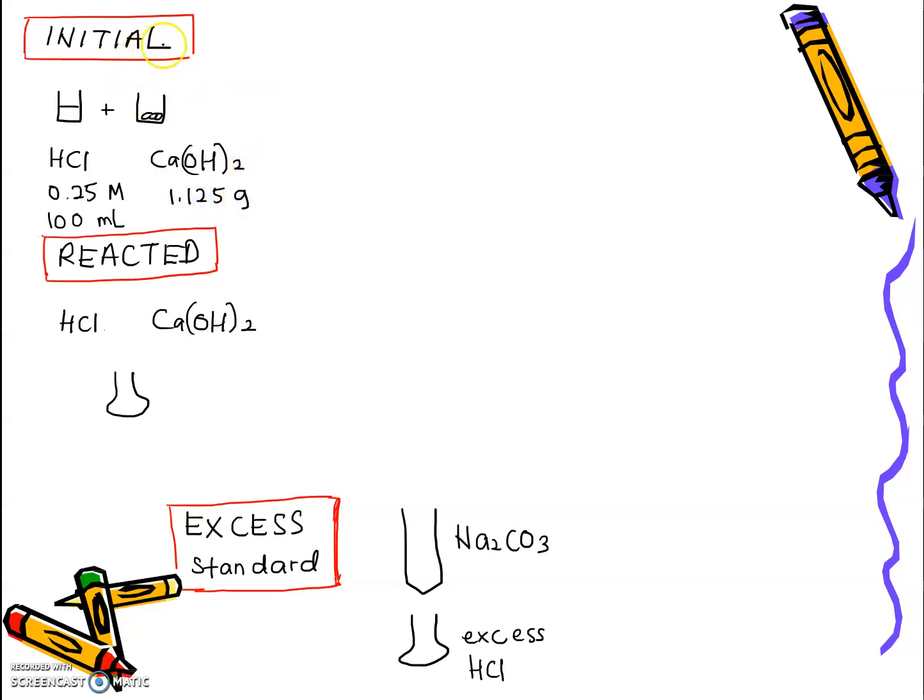Okay. So initial means when you prepare HCl and calcium hydroxide sample. Okay, but these two substances are not mixed yet. Okay, next step. Calcium hydroxide dissolves in excess HCl, put together into the conical flask, and undergoes reaction.